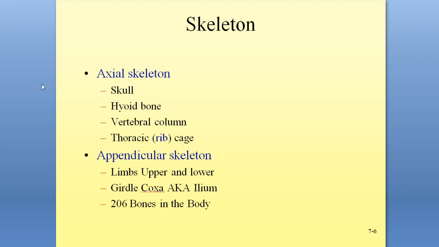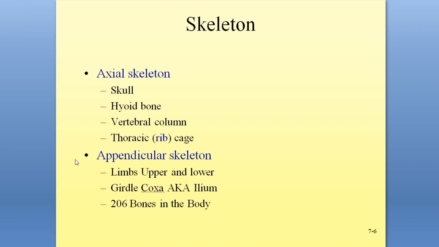This is chapter 7. Then chapter 8 is the appendicular skeleton, made up of our arms and legs. So it says limbs of our upper and lower body. And then our girdles. We've got our pectoral girdle, that's the clavicle and scapula. And then we have our pelvic girdle, which is made up of the two os coxae.